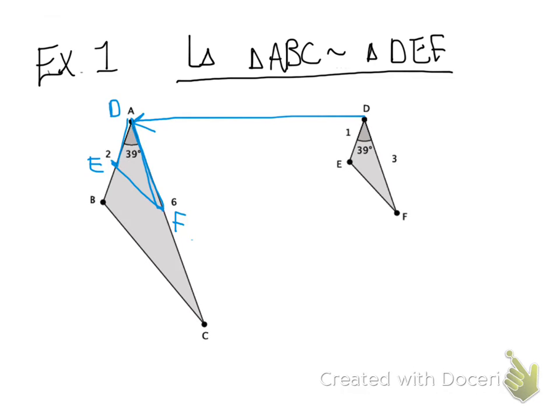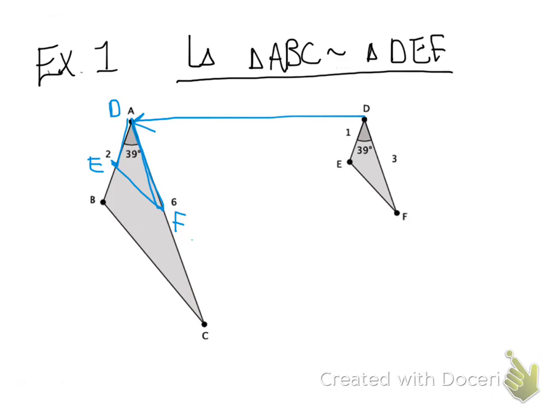Okay, so we've got A and D and E and F. So we've put them in this place, and it might not be immediately obvious why these lie on the same line, but if you think about the fact that those angles match, E and F will have to lie on the sides of that triangle because of that 39-degree angle.